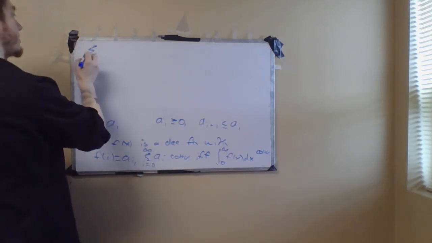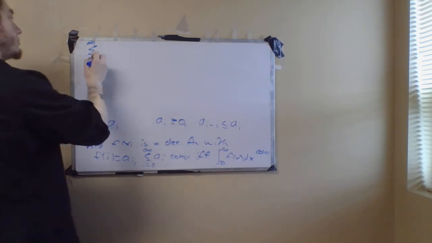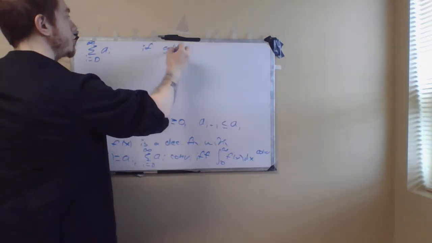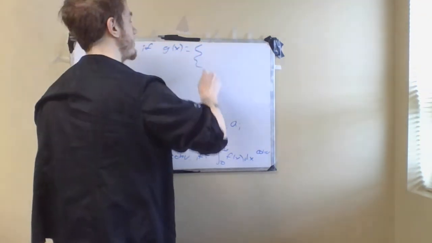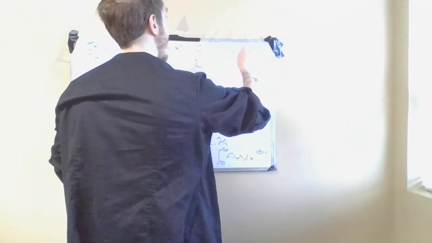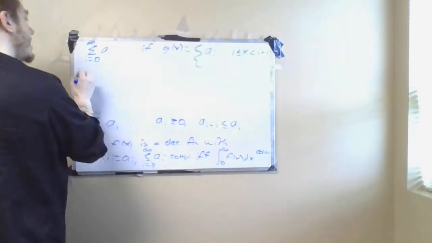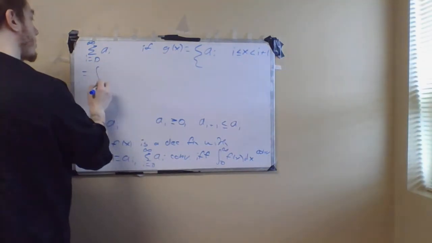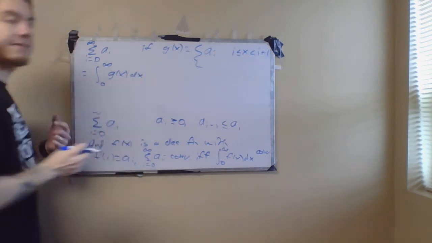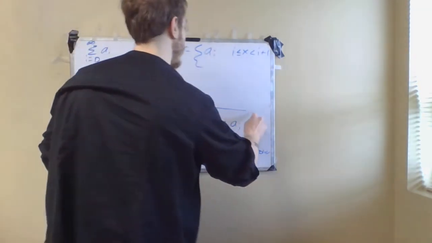Really, the sum from 0 to infinity of these a sub i, if g of x is defined as the piecewise function equal to a sub i for i less than or equal to x less than i plus 1, is equal to the integral from 0 to infinity of g of x dx. And it's not too difficult to see why this is true.